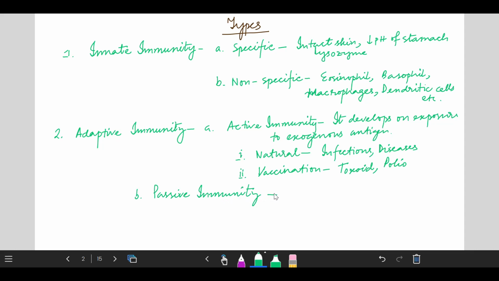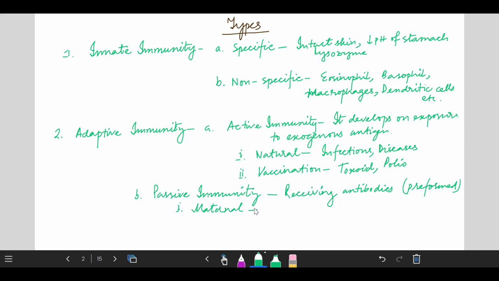Okay, so first one is maternal, means when you are taking from your mother, or a fetus when developing in the womb of mother is receiving antibodies from the mother, that is the passive kind of maternal immunity. Okay, the antibodies a fetus can receive are IgA and IgG.